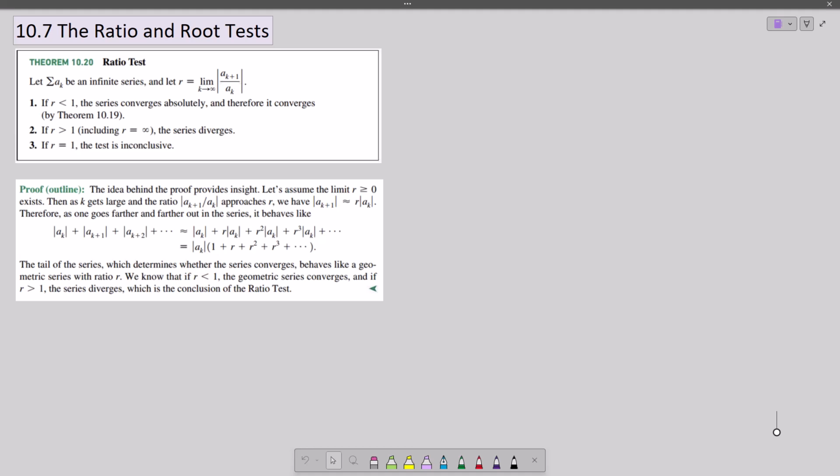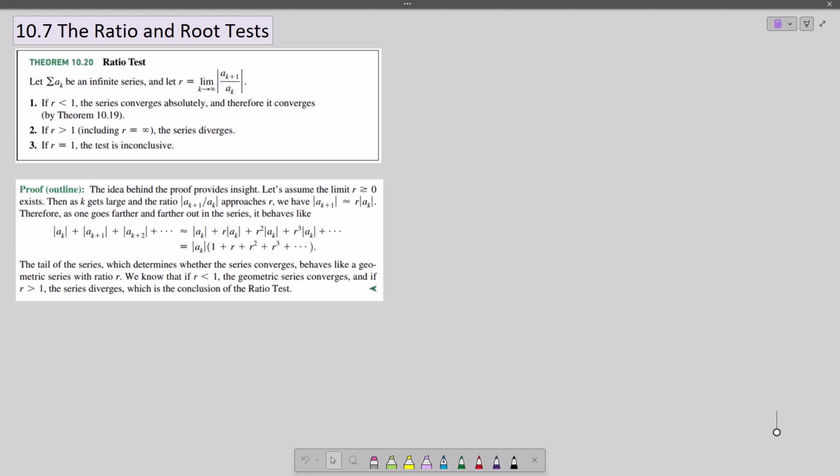Okay, so for the ratio test, all we do is take the absolute value of a sub k, put it in the denominator, and we put the next term's absolute value in the numerator. So we form a ratio of consecutive terms. A sub k plus 1 over a sub k, absolute values. If the series is positive, obviously you don't need the absolute values, if everything's positive.